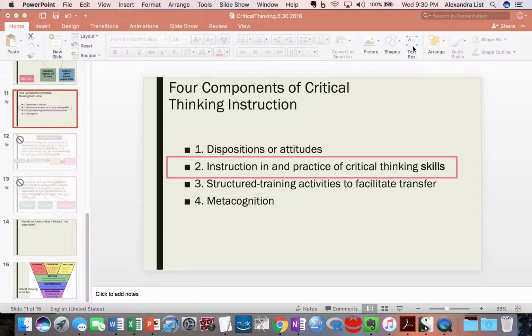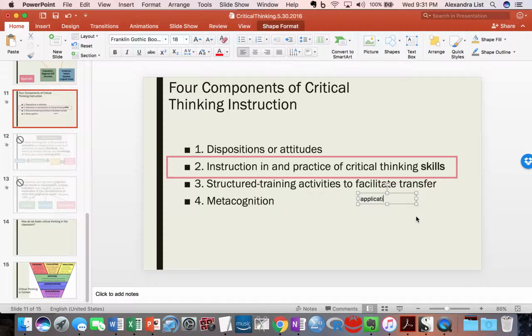As we've talked about, when we say transfer, we mean the application of skills to new contexts. Connecting back to what we talked about earlier, when we're talking about skills, we're talking about developing procedural knowledge.